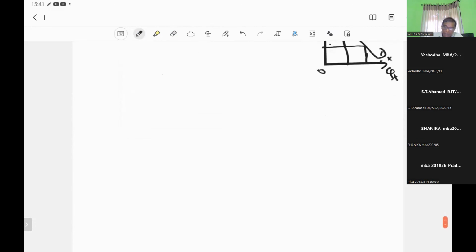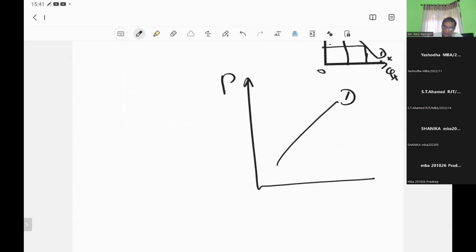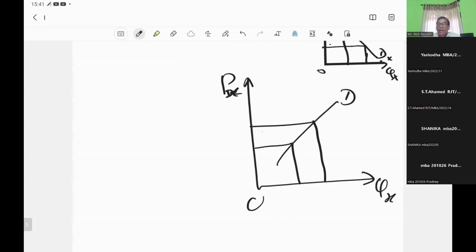But for Giffen goods, the demand curve is positive. Here price, quantity X, price of X. Then this is the relationship, right? High price, demand also high. Now price is high, the demand also high.